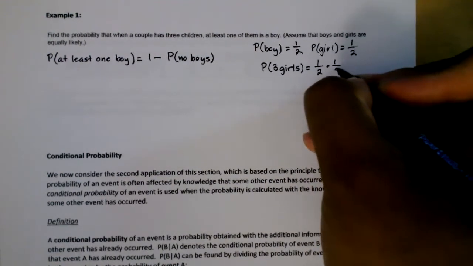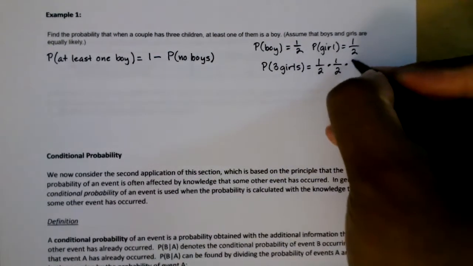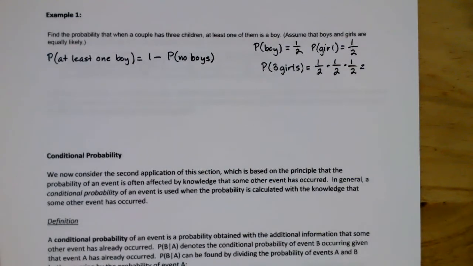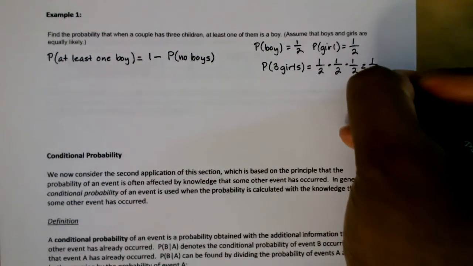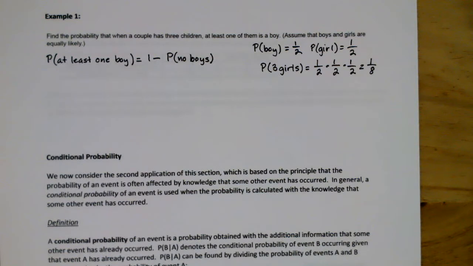The second child, its probability of a girl is 1/2, and on the third child, that probability is also 1/2. So this is where we use the multiplication rule here: 1/2 times 1/2 times 1/2. That's equivalent to 1/8. So the probability of getting 3 girls, which is equivalent to the probability of getting no boys, is 1/8.